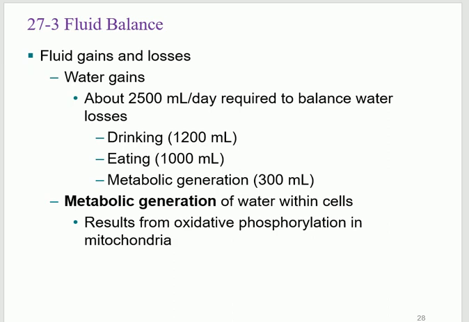So mainly drinking, followed by eating, followed by metabolic water. Do we make the metabolic water in the cytoplasm or in the mitochondria? Mitochondria, because it comes from the last step, oxidative phosphorylation, the electron transport chain.